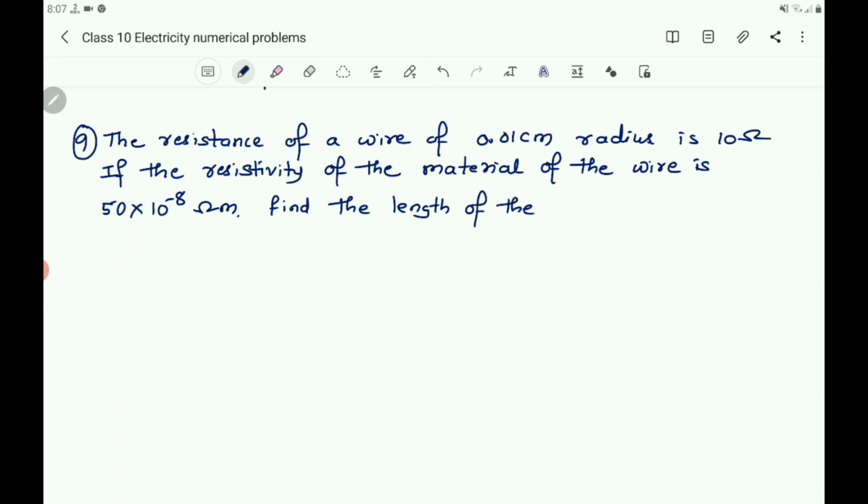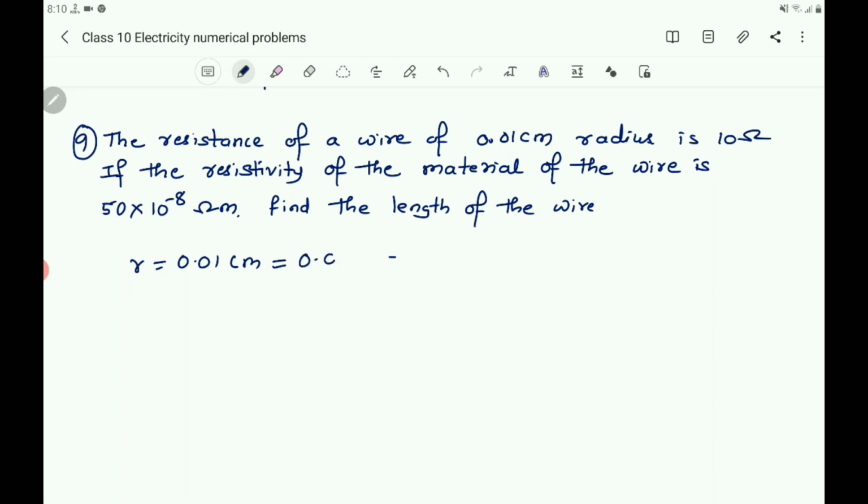Here what is given? Resistance of a wire of 0.01 centimeter radius is 10 ohm. So here the radius is given. R equals 0.01 cm. That equals, to convert it into meter, you divide it by 100 or multiply it by 10 power minus 2.